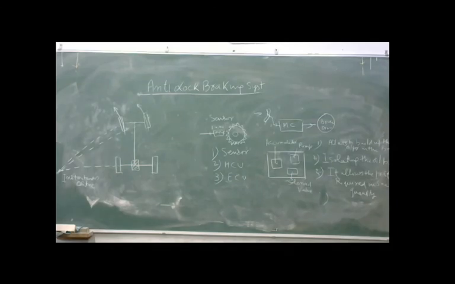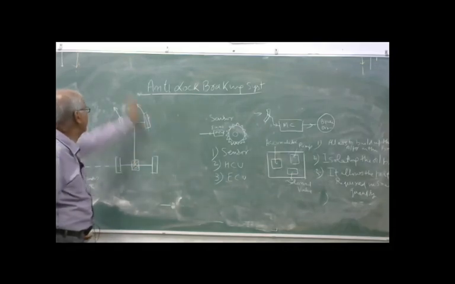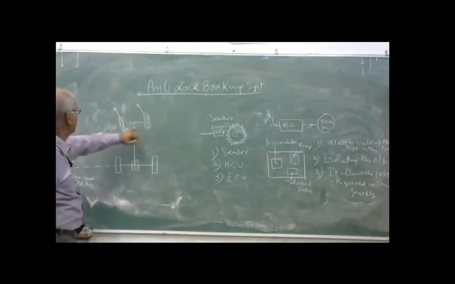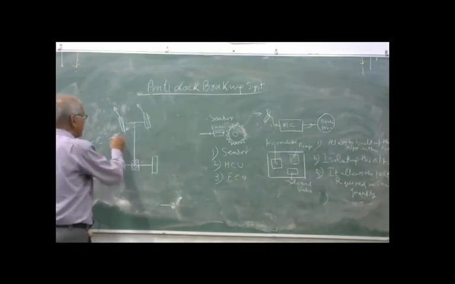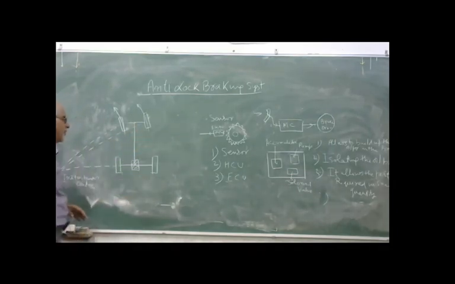Now, suppose the brake is applied and there is no ABS system, then what will happen? The chances of accident are there, because it is on the turning point and then brake is applied immediately, so traction will be lost.